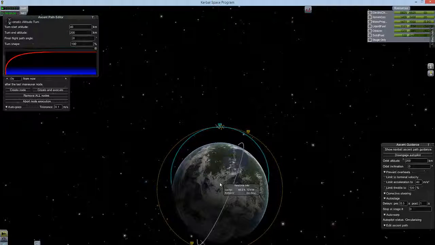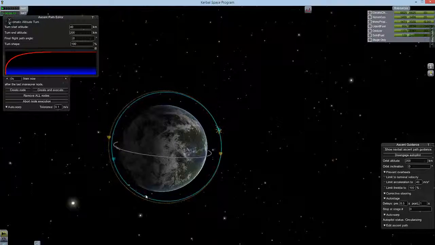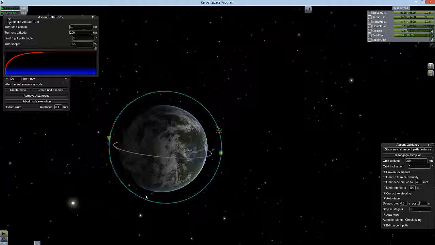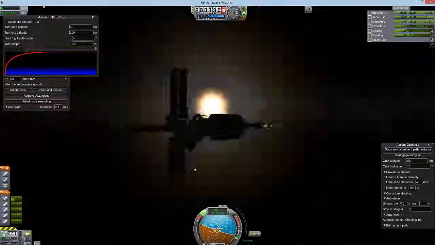Now, if you're in a eccentric orbit, basically you're just looking at getting the thing to not hit the atmosphere of the planet or get too close to a planet. That's important to note, but anything else does not matter.